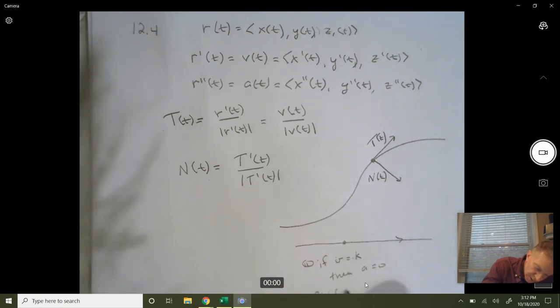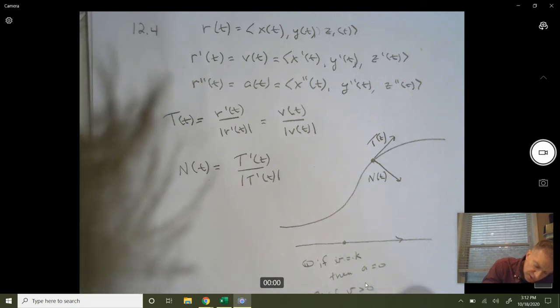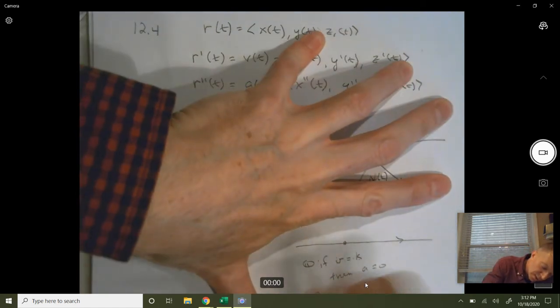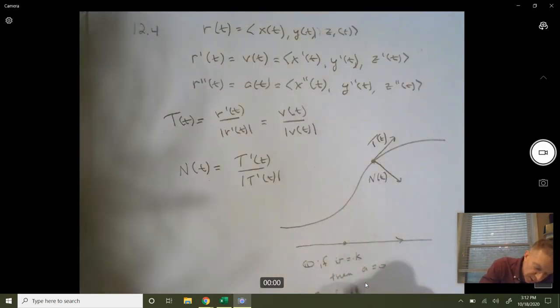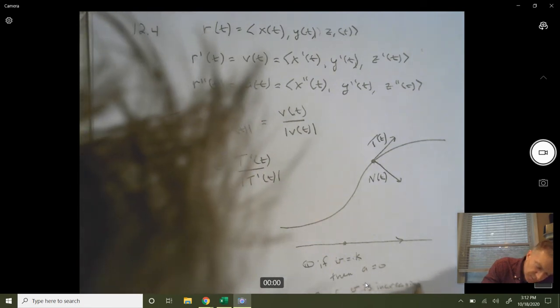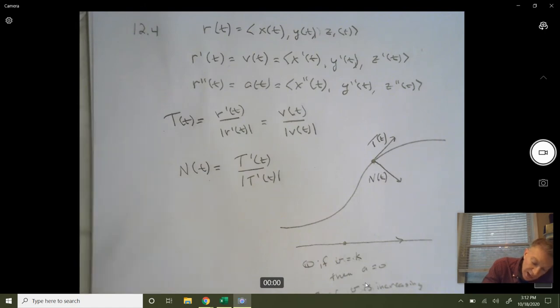If the rate of change of your speed is positive, so if your speed is increasing, then your acceleration is positive or moving to the right.